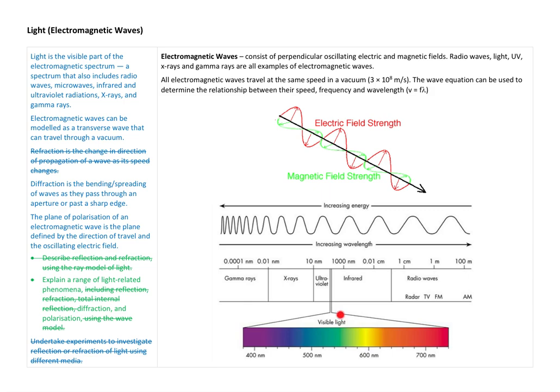Then we get into this very narrow part of the spectrum called visible light. This just happens to be the part of the spectrum our eyes can detect and what we see as the colours of the rainbow. Red, orange, yellow, green, blue, indigo, violet. If we go past that we get into the shorter wavelength, ultraviolet.